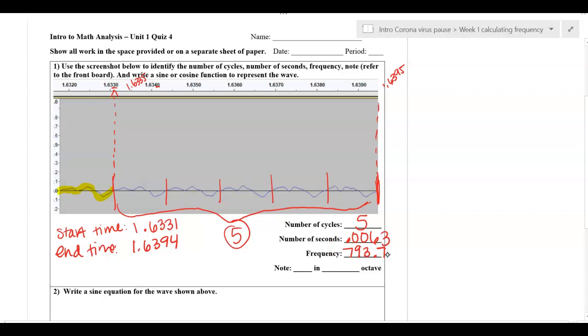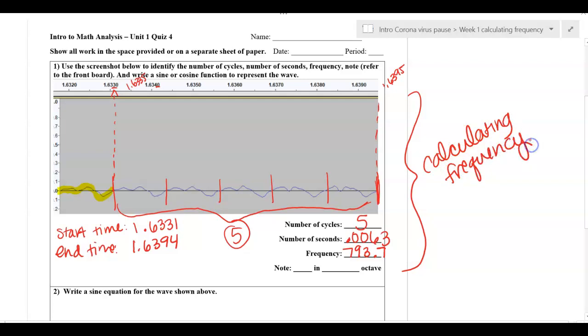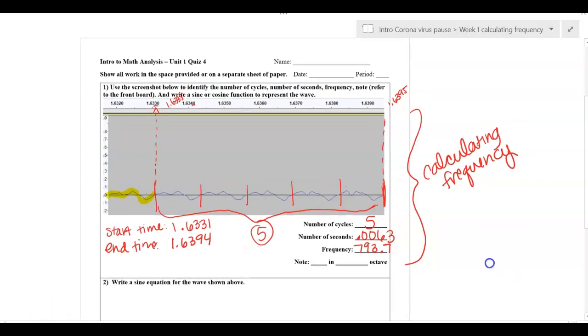And then you guys had a reference to look up which note that was and in which octave. And so this would be calculating frequency. And then if you guys want to write equations of that, okay, I'll work on each of those here too.